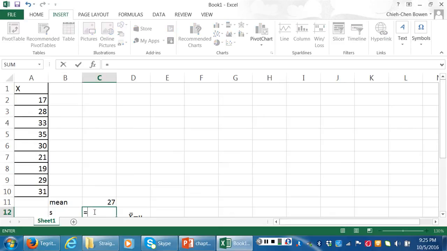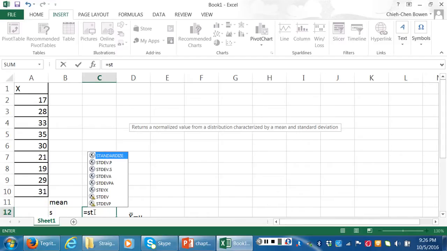Now next we need to calculate the sample standard deviation, s, lowercase s. Excel already has a pre-populated function you can choose. As soon as I type in ST, a menu shows up right here.